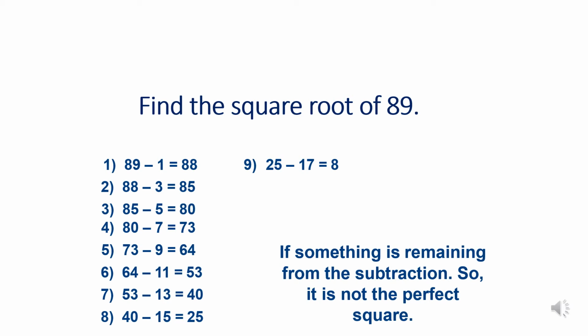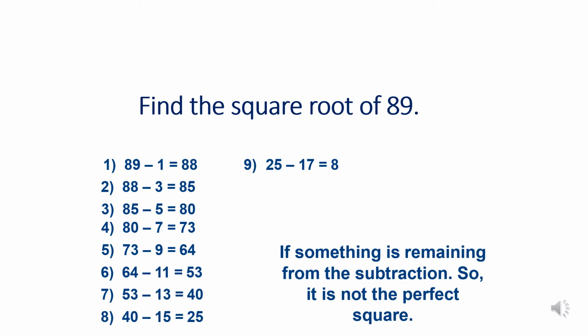So we subtract 1 here from 89. Then from the remaining number we subtract the consecutive odd number, that is 3. Then we subtract 5, then 7, and you can check in the 9th step, we have subtracted 17. As a result, we get the last number 8.